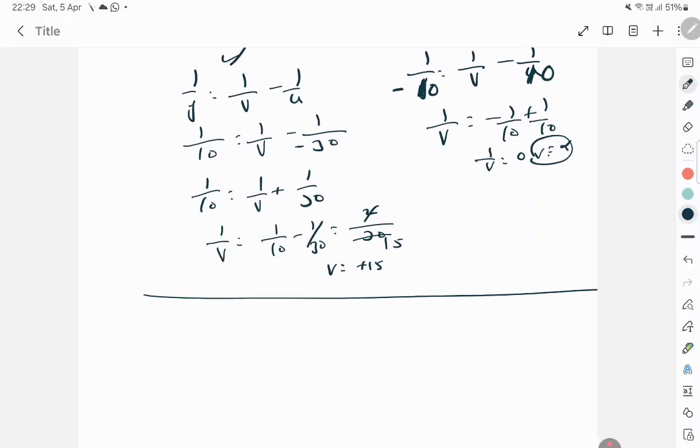If there's anything wrong, you can come back and give me feedback. You can also try these sums at home parallelly. Just don't copy from me. If you try sincerely, then you will get the final image to be at infinity. Let's go to the next question.